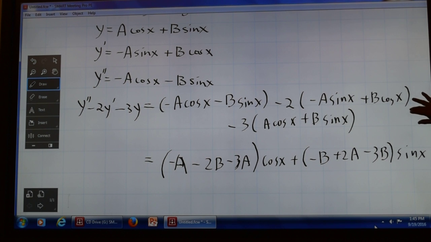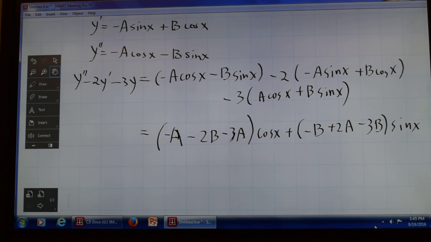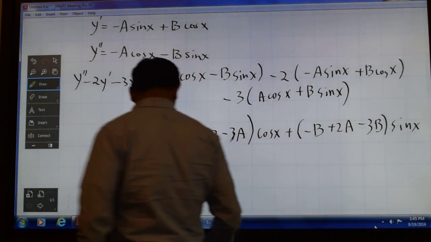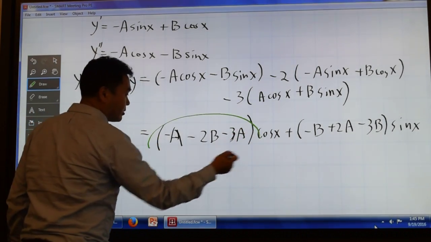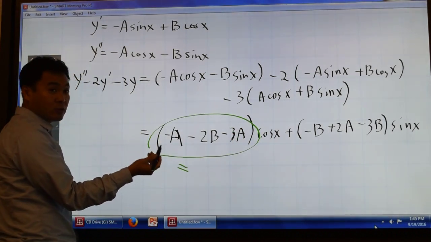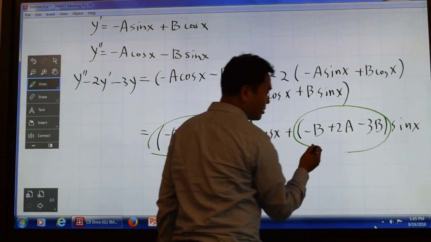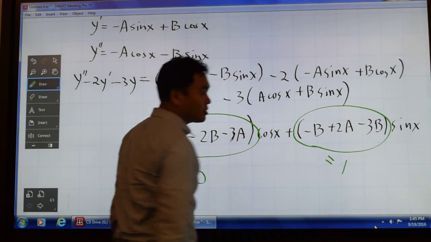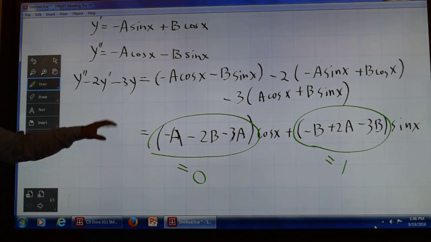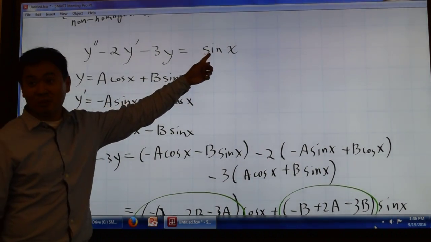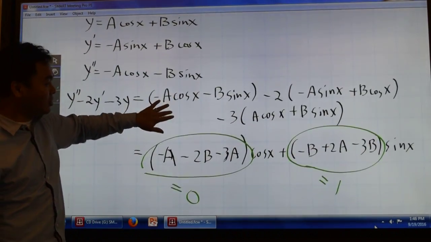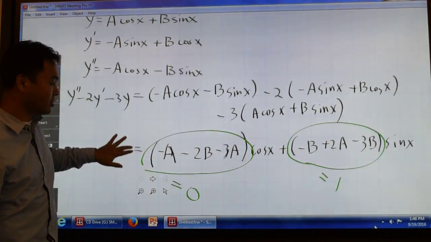Okay. Right. What do we want again? This one should be equal to 0, and you want this to be equal to 1, so that it will match the right side, which is just sine x only. That's why you want this to be 1 and this to be 0.